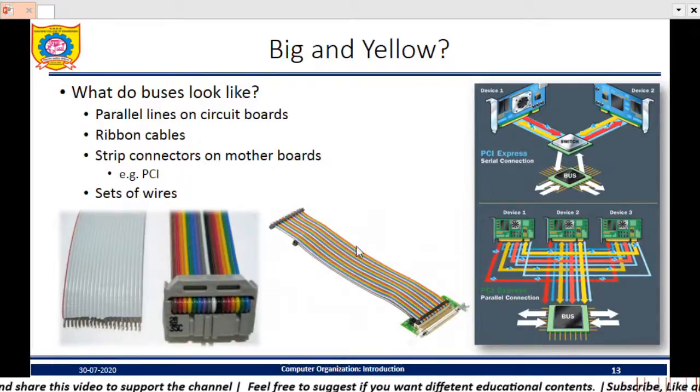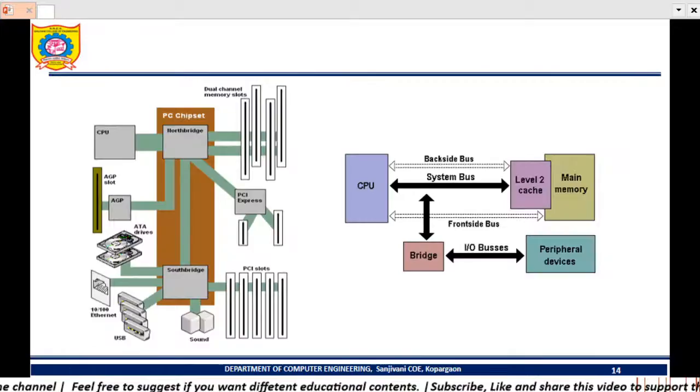In older days, PCI cables were used, which were huge in size. Okay, and they were very bulky and difficult to use. But nowadays, using SATA cables has improved the connectivity and the speed of a computer system. Okay, so what are buses? Mostly a set of wires working or connected parallelly to each other.